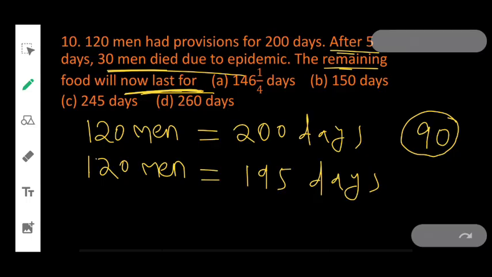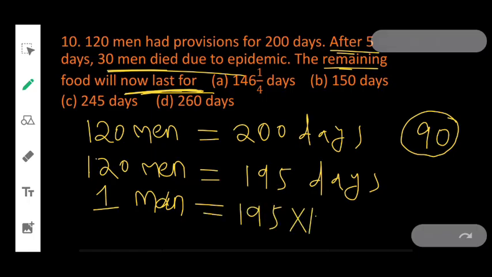Okay, so first find the provision for 1 man equals to 195 multiplied by 120 days. Okay, then after 5 days 30 men died due to epidemic.